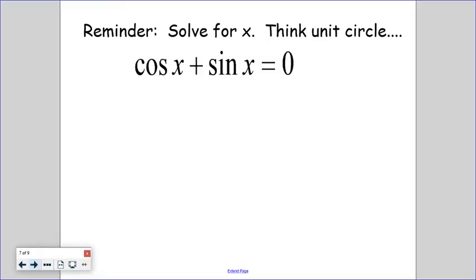Might be easier if you move them to opposite sides of the equation. Maybe. Kind of.